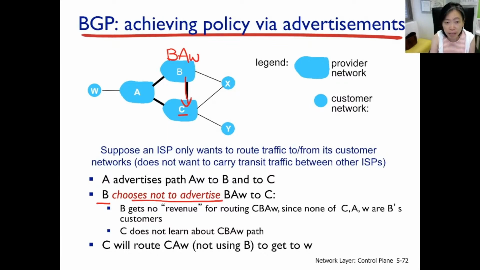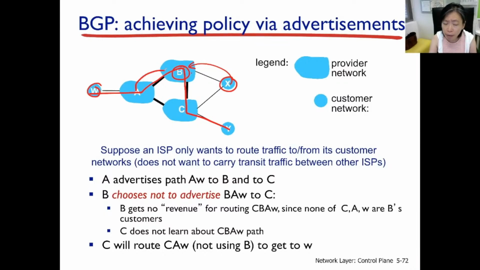And the reason for that is this. If BAW is advertised to C, C is going to discover this is actually one way for this user in Y to send traffic to the user in W. And therefore, the traffic is going to go this way to W. And you know what? B does have a customer X. X is paying B. But is W paying B?